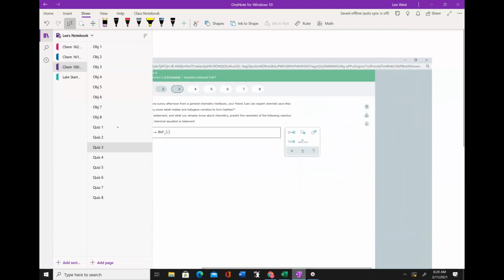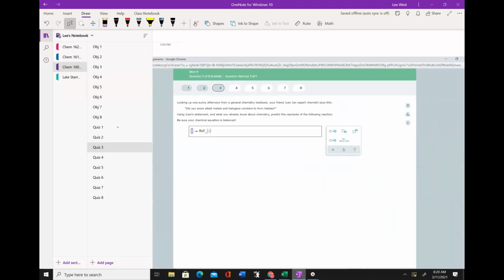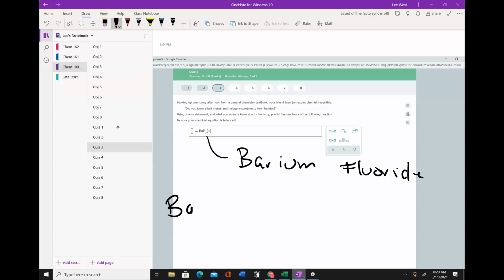Alright, this is one of those where you have to finish off the reaction. It said, did you know alkali metals and halogens combine to form halides? So in this case, we're forming barium fluoride. So that means that the metal that was reacting was barium, and barium is a solid.